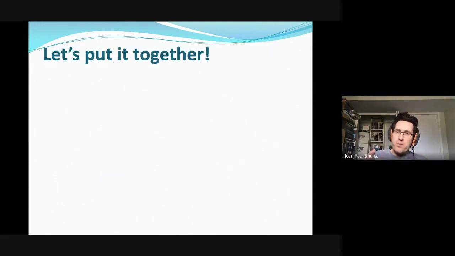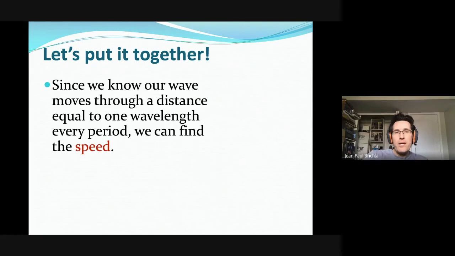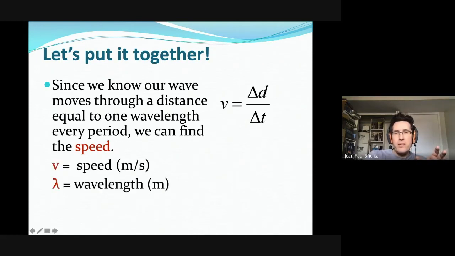So then if we put those two things together, we get a wave equation. We get speed equals distance divided by time. But instead of distance, we're going to use wavelength. Instead of time, we're going to use period. And so our equation becomes this one. Speed equals wavelength divided by period.